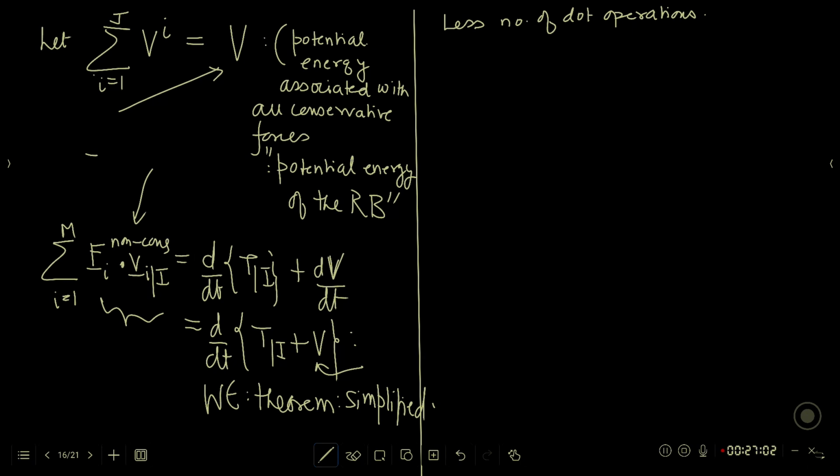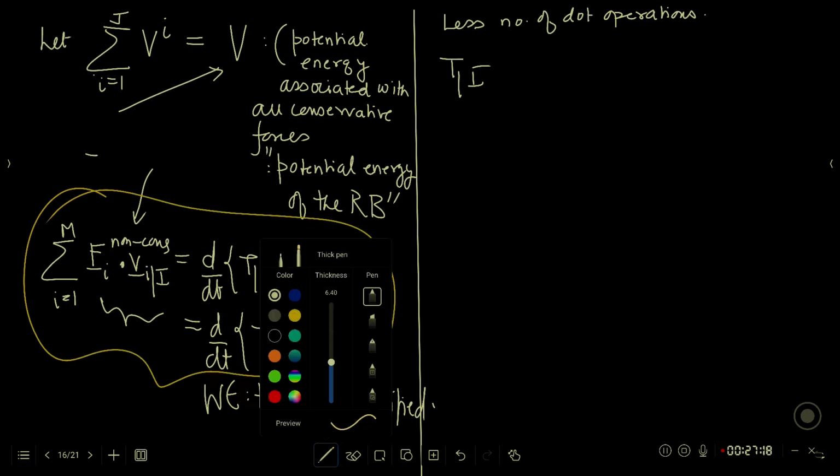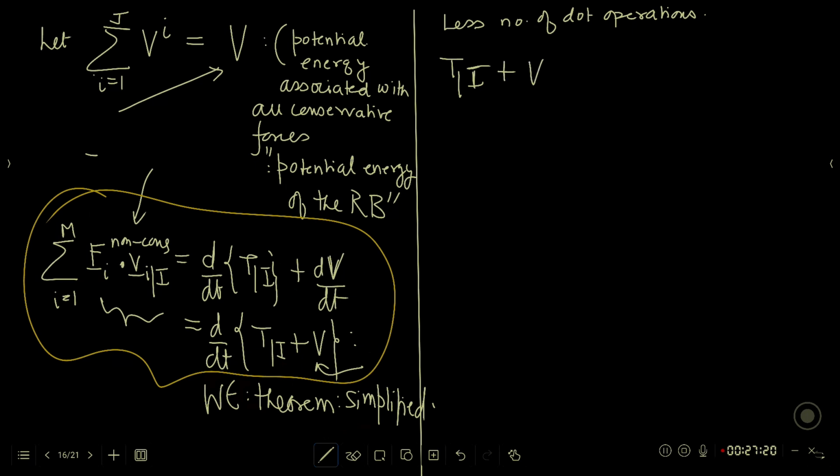All right. We do call it total energy. To be very precise, we should call it total mechanical energy of the system, total mechanical energy of RB.